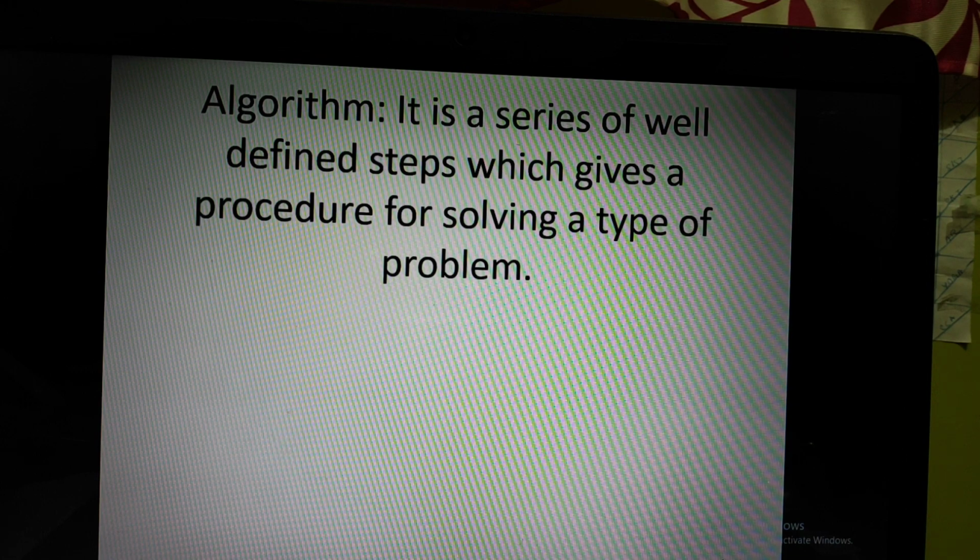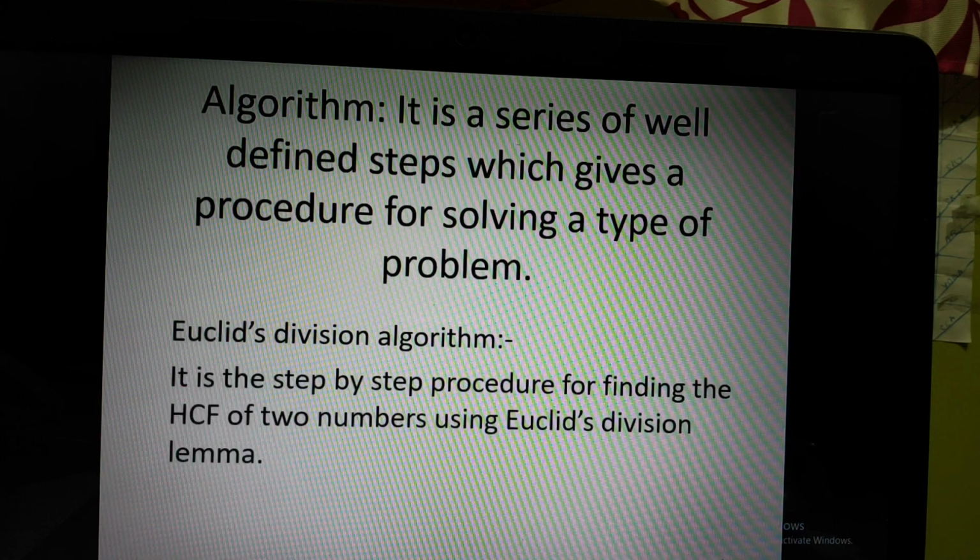And in our first chapter of class 10 mathematics, here is again a very important algorithm, that is Euclid's division algorithm. We use this algorithm for finding HCF of any two numbers. Euclid's division algorithm is the step-by-step procedure for finding the HCF of two numbers using Euclid's division lemma, that is a is equal to bq plus r.